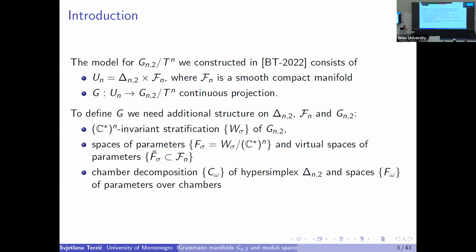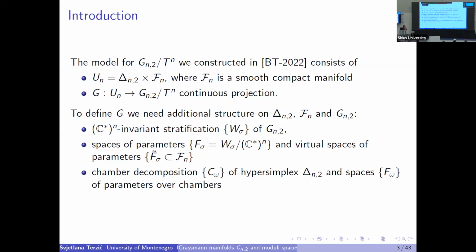This additional structure consists of a stratification of this Grassmann manifold Gn2, which is invariant under the algebraic torus action, because the action of the compact torus on Grassmann manifolds extends to the algebraic torus action. Then the orbit spaces of these strata by the action of the algebraic torus. Then we assign to each stratum the corresponding subspace in this space Fn.